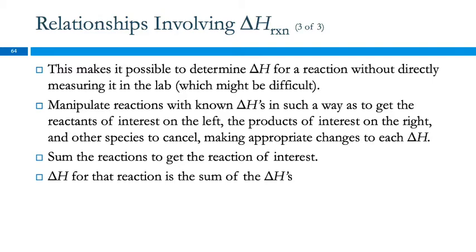So what we do is we manipulate reactions with known delta H's so that we get the reactants of interest on the left, the products of interest on the right, and we get the other species to cancel out. And then we add those up, we add the delta H's, and we get the change in H for the whole thing.